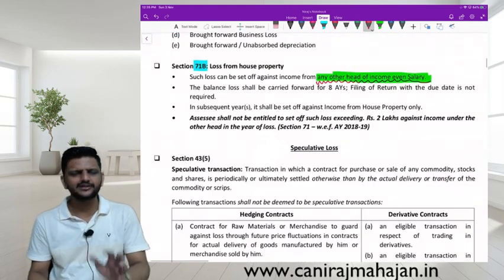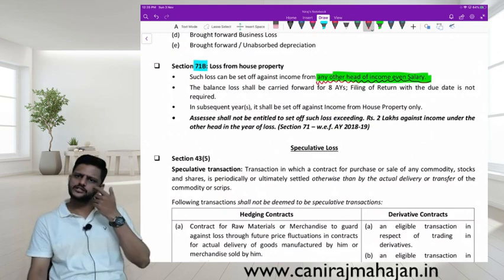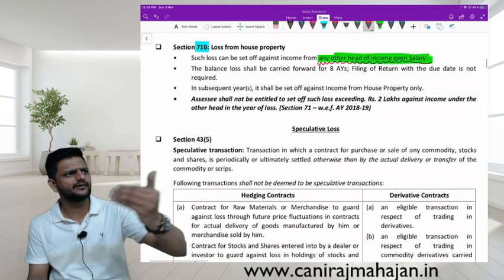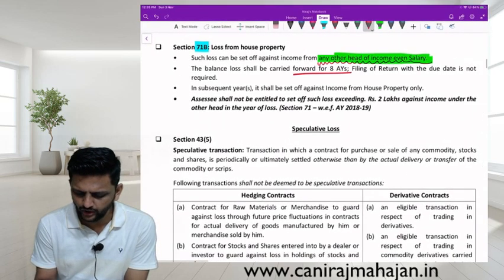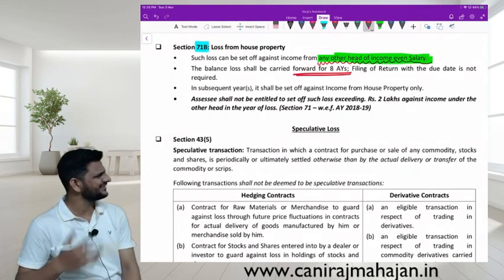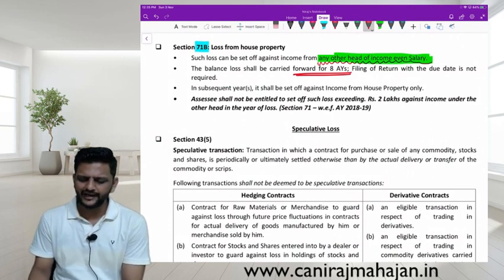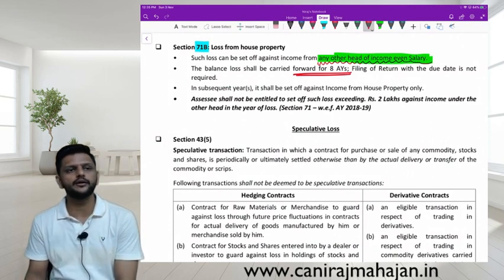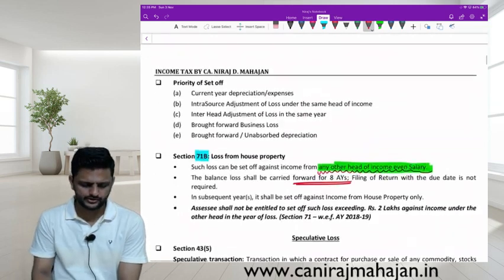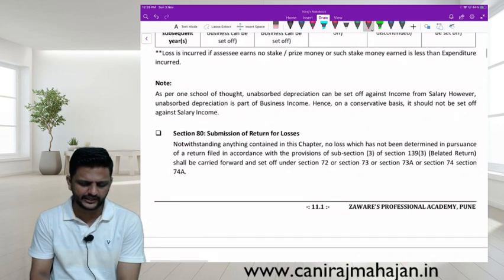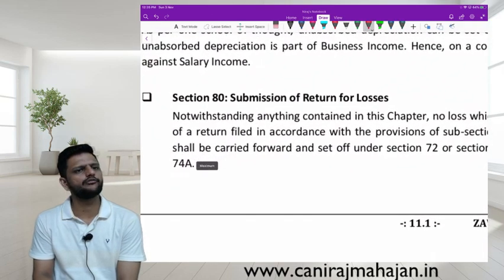If the current year's loss is still more than the income, then you can carry it forward. The balance loss shall be carried forward for 8 years. 8 years, even. Filing of returns within the due date is not mandatory to carry forward the loss. In some of the other sections, we will again see the submission of return of losses.